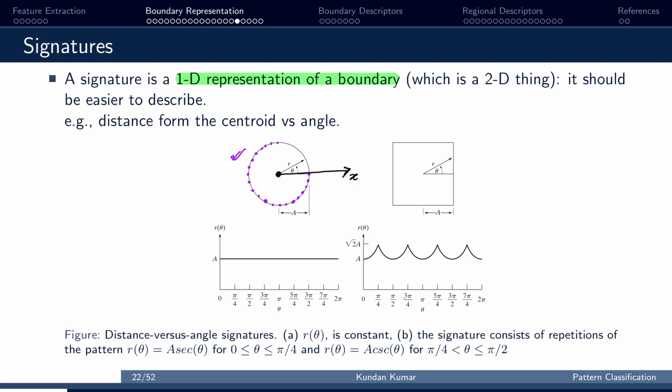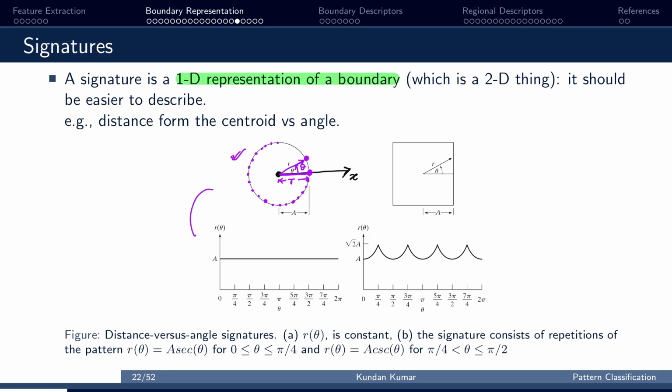So suppose we have a pixel at this position, then this pixel can be denoted by the distance r, and that is the radius of this shape, and the orientation of this pixel, which is 0 here. Suppose we have another pixel here, so it will be at the same distance r, but the orientation will be theta.